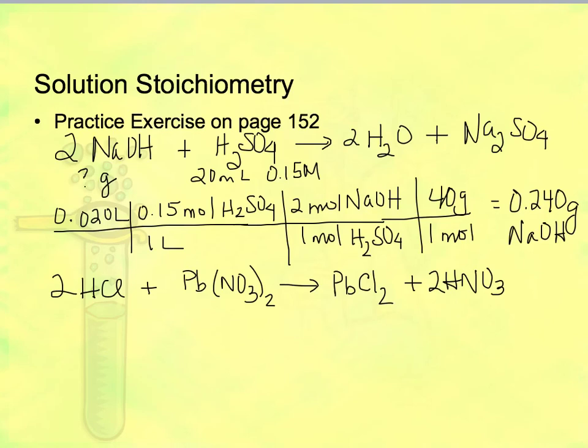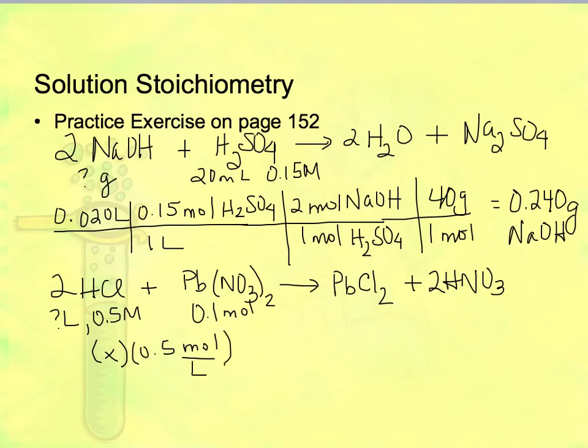And then we would need to figure out what we have here. So we want to know the volume of this, and its concentration is 0.5 molar. And we have 0.1 moles of this. Right? And so then we would say that we need to know the volume of 0.5 moles per liter.